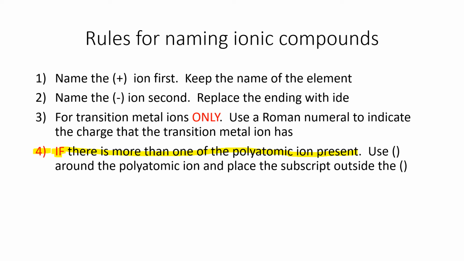So far, previous examples, you only saw one of the polyatomic ion. If you have more than one, you need to use parentheses around the polyatomic ion and place the subscript outside the parentheses. That way you're very clear to the person looking at it what you actually have in place. And we're going to do an example of that.